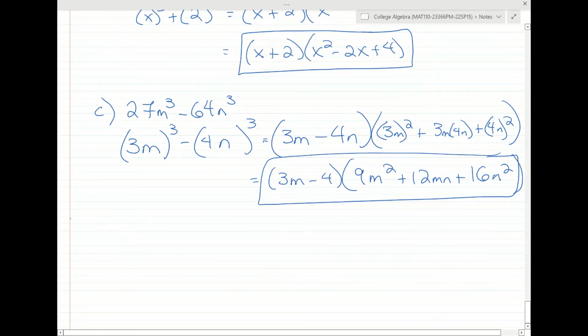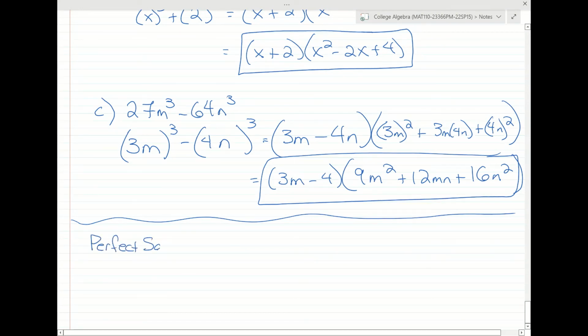Just one other little thing. I just want to show you a little shortcut before you go. There's something called a perfect square trinomial. You don't have to know this. You could always just do this using regular trinomial factoring.